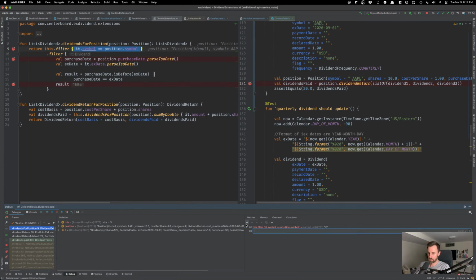It dot symbol. Position dot symbol. Those are definitely the same.